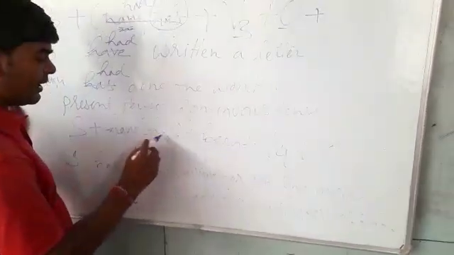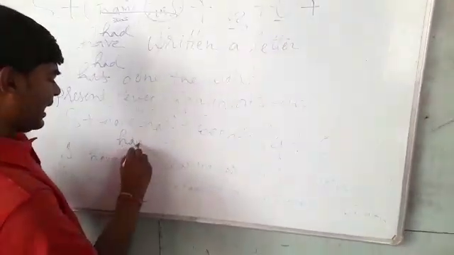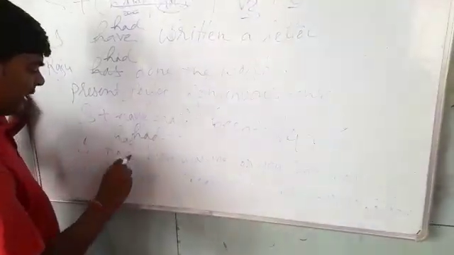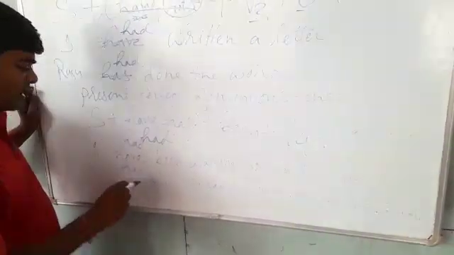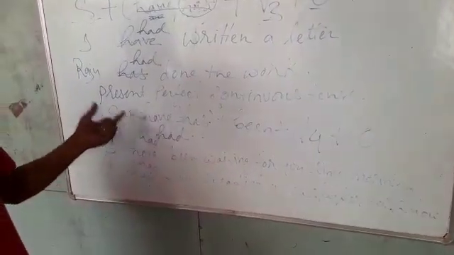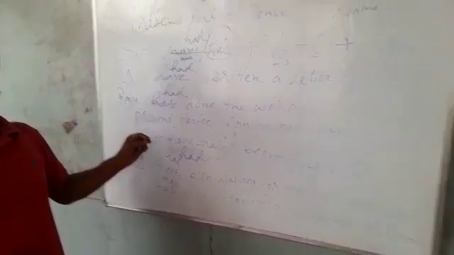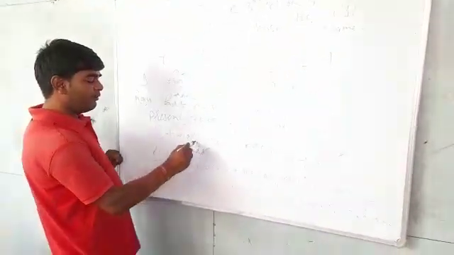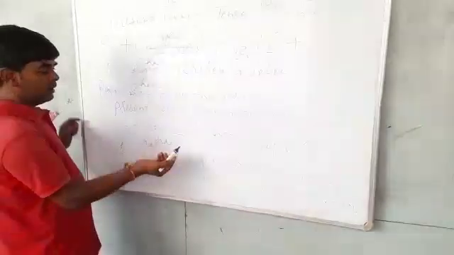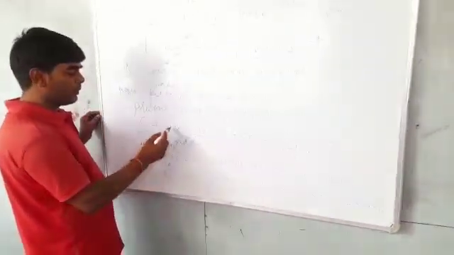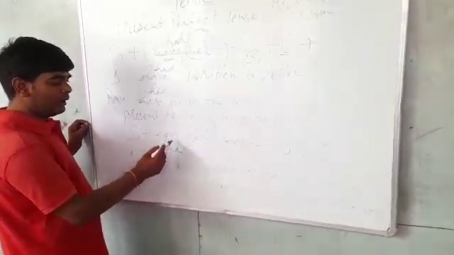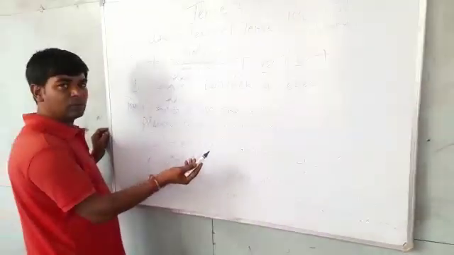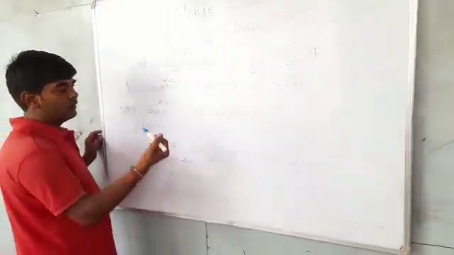We'll replace have and has with had. So instead of have, if we write had, it gets turned from present perfect continuous tense to past perfect continuous tense. The only thing we need to remember is that only the helping verb will get changed.